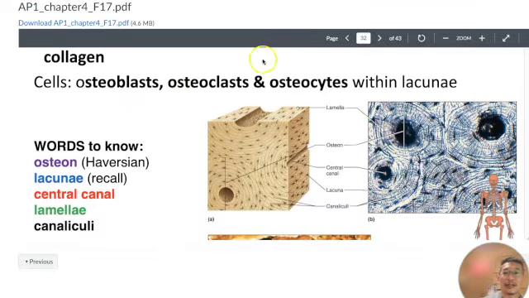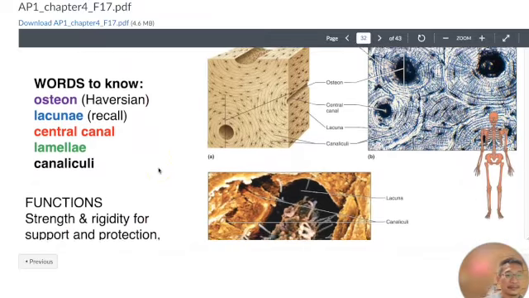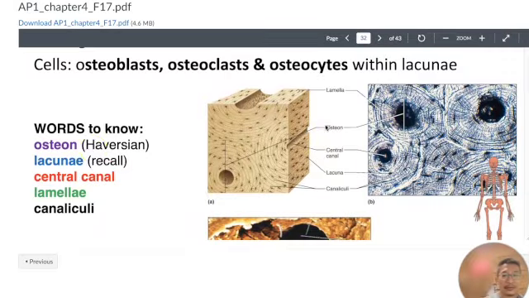Just remember that osteocyte is the cell of the bones. Osteoclasts, we're going to learn what they do when they absorb bone, and osteoblasts will actually build up bones. When we go to the lab, we'll see osteon. You can call it Haversian as well.